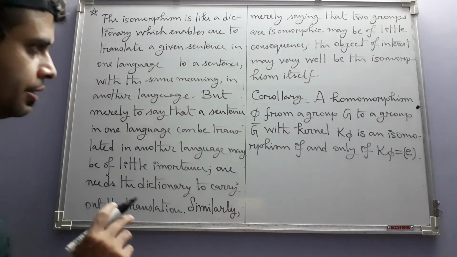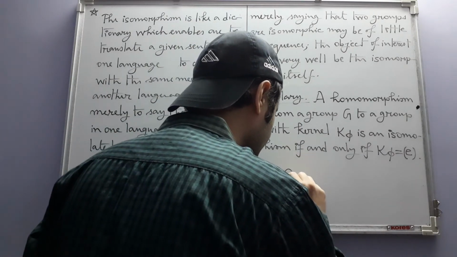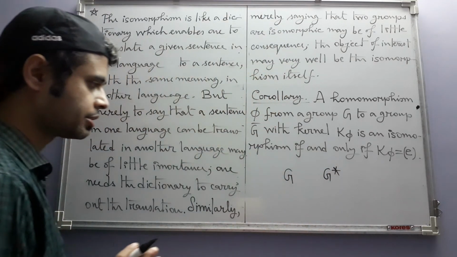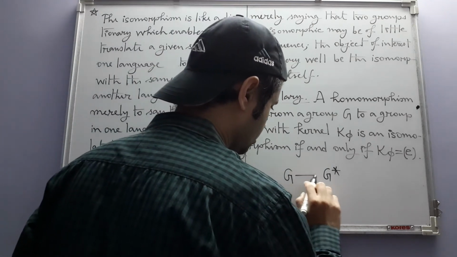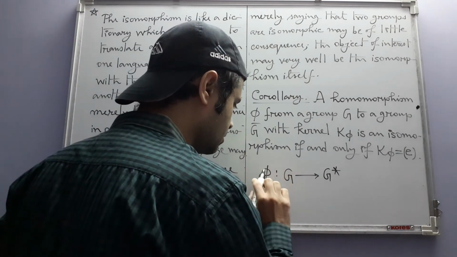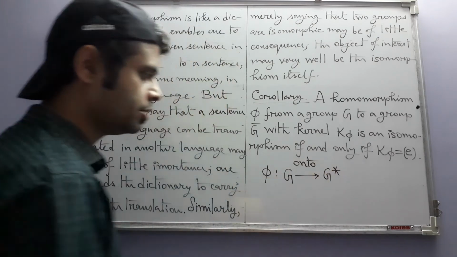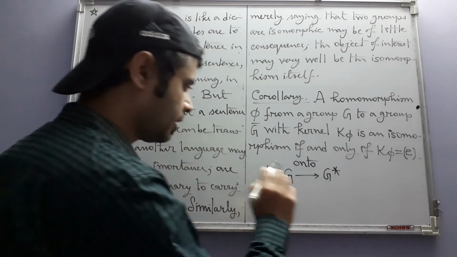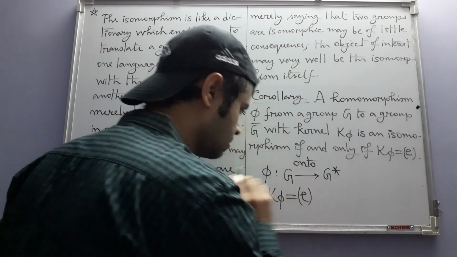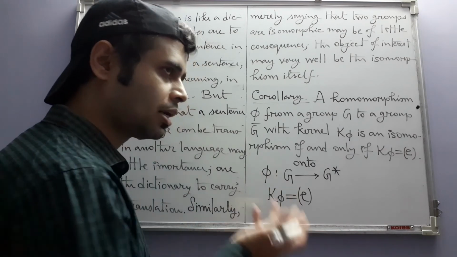Okay, now this corollary also gives us something else. Say you have two groups, G and G star, and you have been able to prove that there is a homomorphism phi from G onto G star, and then you show that the kernel of phi is the trivial group, then phi becomes one-to-one also.